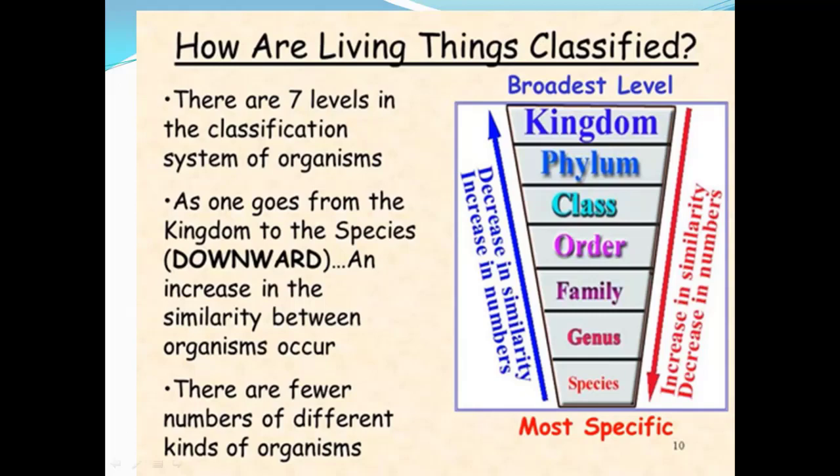In other words, the similarity between organisms increases from top to bottom, from kingdom to species, whereas there are fewer different kinds of organisms.